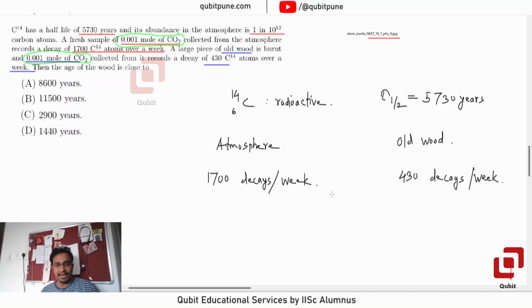Both these things are activities, right? And that is actually going to help us in solving the problem. This activity is the original activity, or we can say this is the activity at t equal to 0, and this is the activity we can say now.